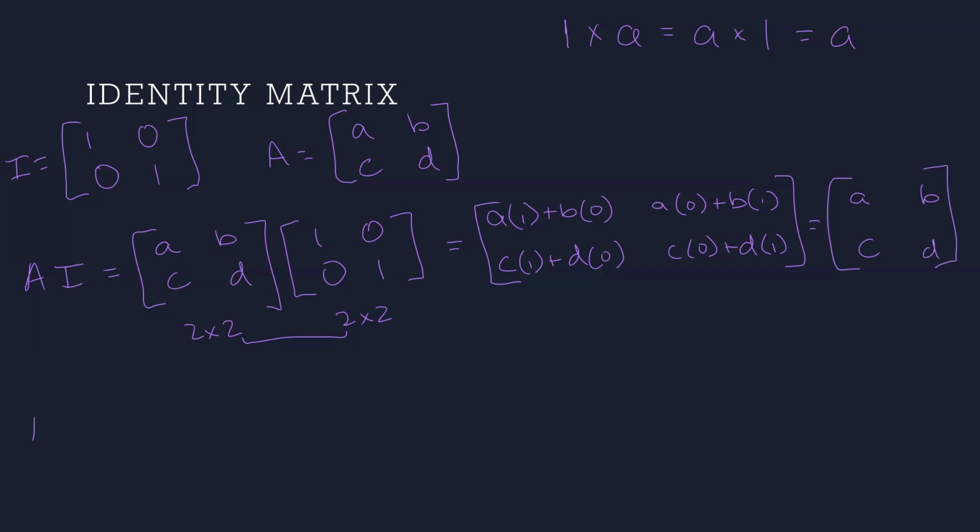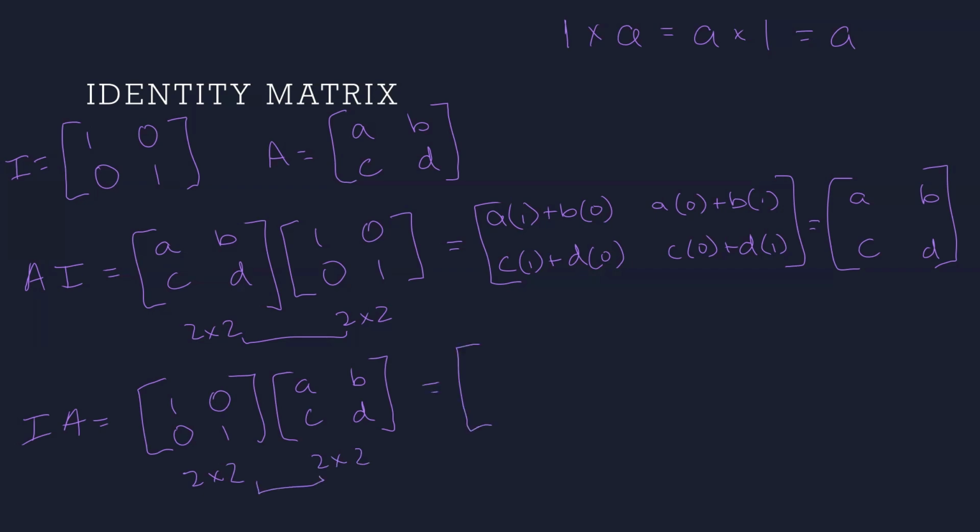Let's see if it's true in the other direction. If I start with the identity matrix and multiply it by A, which is possible because this is 2 by 2 and 2 by 2, the middle numbers match.